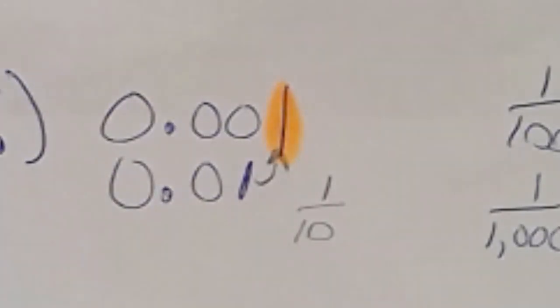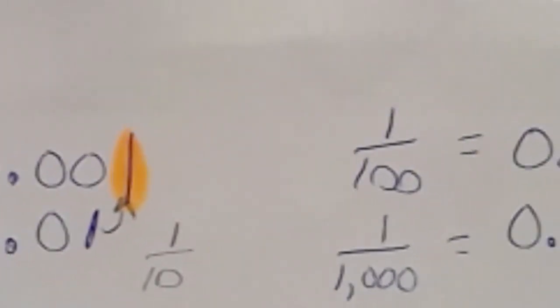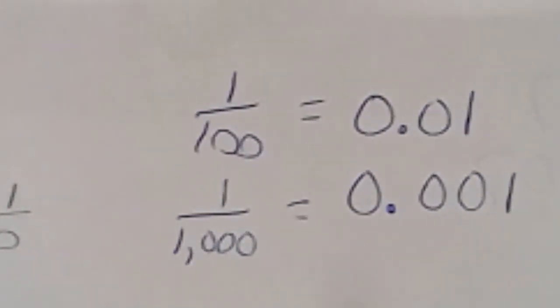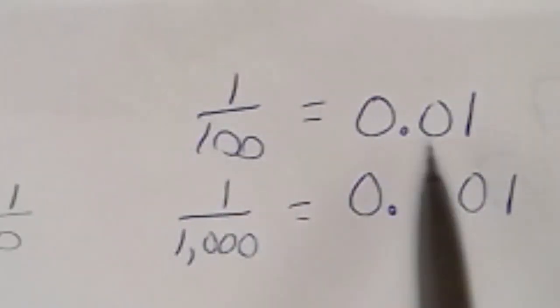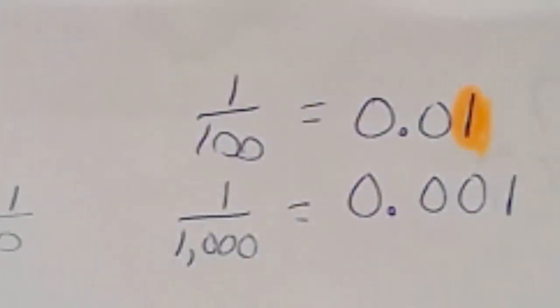Alright, then it got a little bit harder because it asked us to compare 1/100th and 1/1000th, but they wrote it as a fraction. So we had to take 1/100th and write it as a decimal and take 1/1000th and write it as a decimal. So 1/100th comes first, so we should highlight the one that comes first in the problem always.